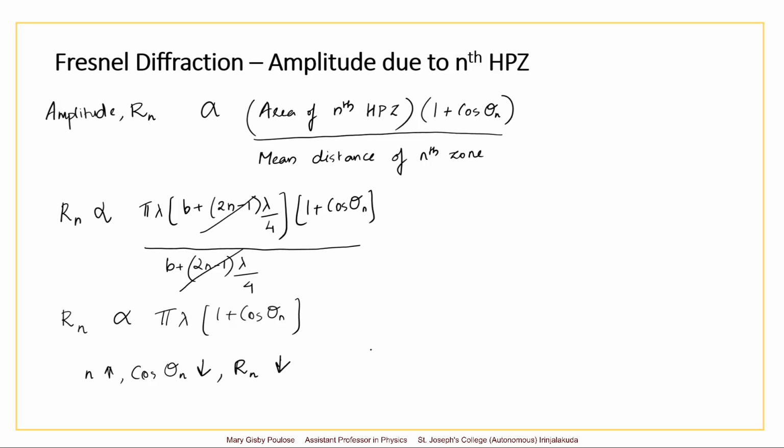So the amplitude from the first half period zone will be R1, and from the second half period zone will be R2. R1 will be greater than R2. If R3 is the amplitude from the third half period zone, R2 will be greater than R3. Likewise, it will continue to decrease up to Rn.